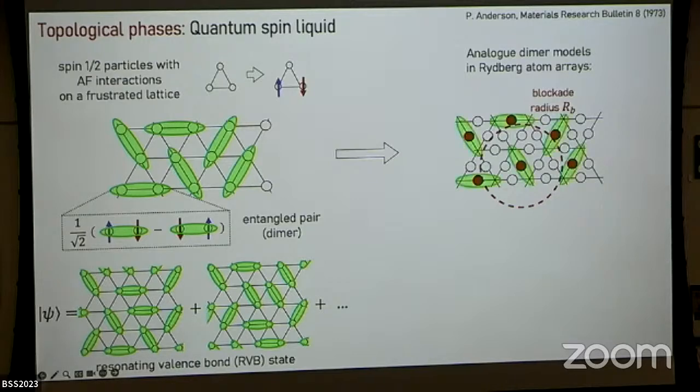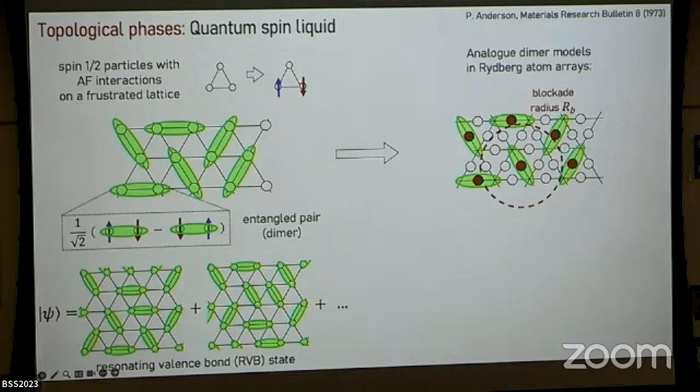Now you can do this mapping and say, what if I map each of these Rydberg excitations into a fictitious dimer that connects the two adjacent vertices of the triangular lattice? Again, this is not a real dimer. In this case, the dimer was made of two spins that were in this entangled pair. In this case, this is just a representation for our Rydberg atom.